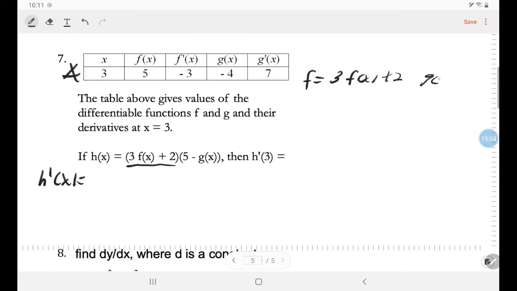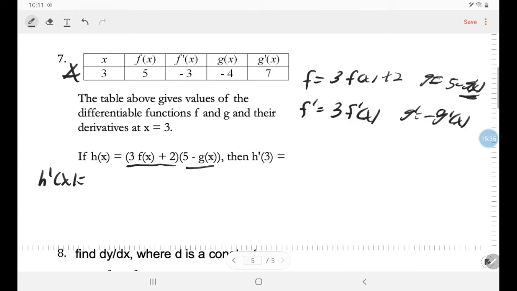And I have a g, which is 5 minus g of x. So my f prime is going to be 3f prime of x, because the derivative of 2 is 0, the derivative of f is f prime, the derivative of 3f is 3f prime. And then g prime, well, the derivative of 5 is 0. The derivative of a negative g of x is a negative g prime of x.